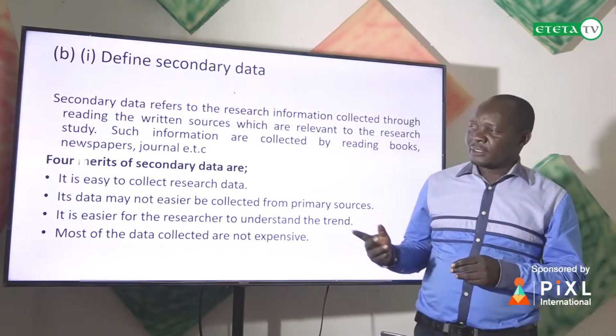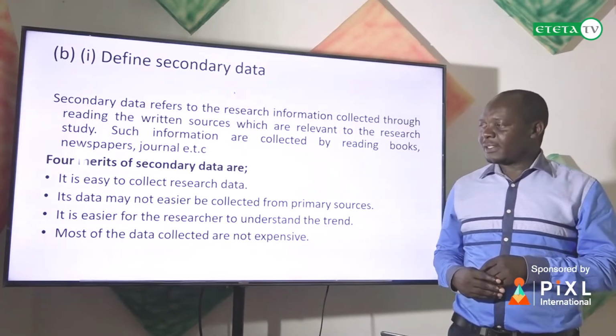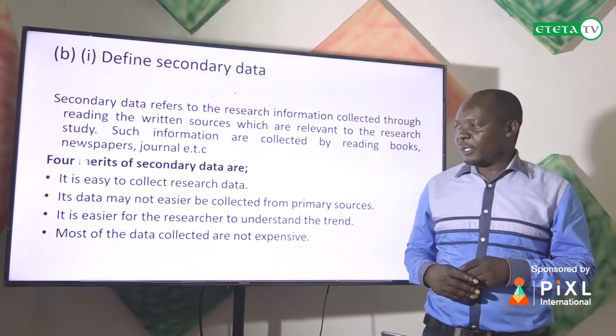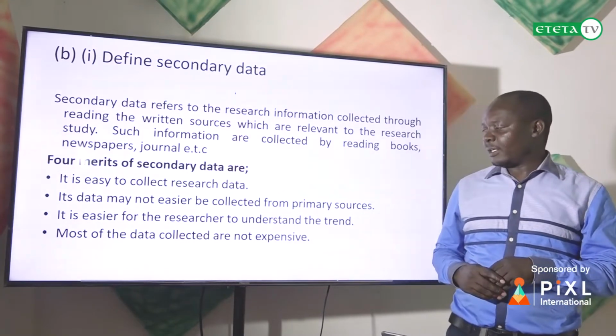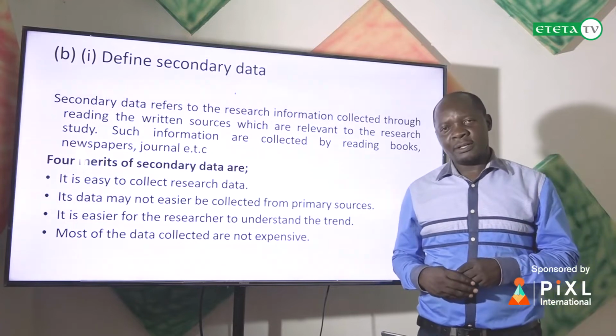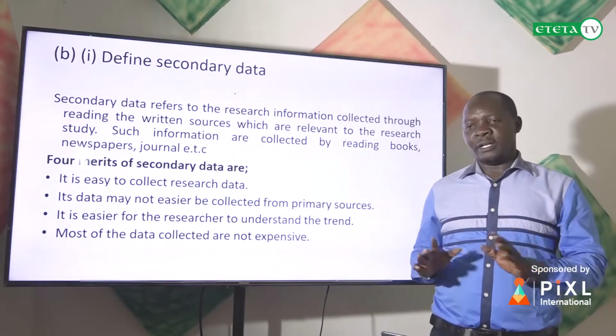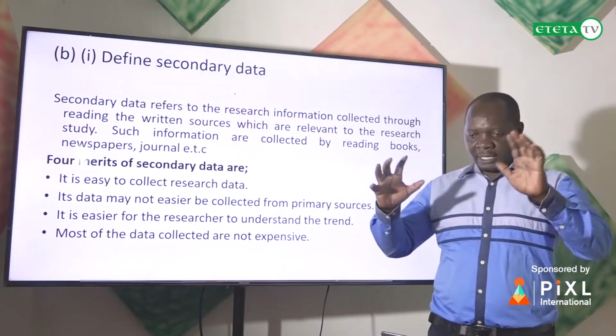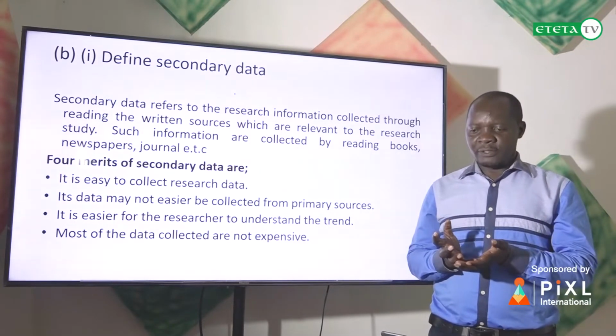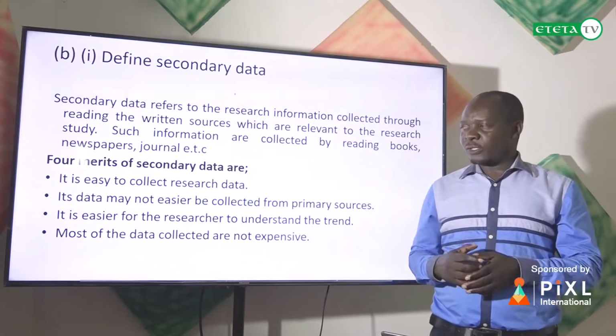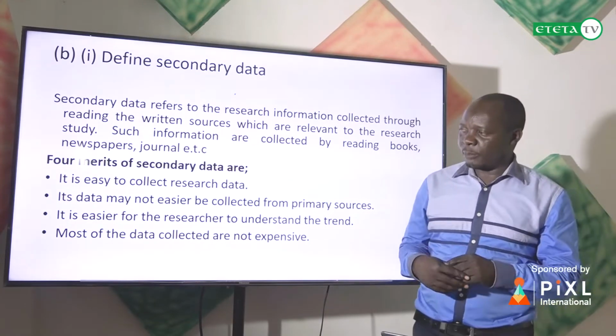Number three, it is easier for the researcher to understand the trend of the information because those data are available. The researcher can understand how large the information is, and whether it is accessible or not. That is the trend of the information.